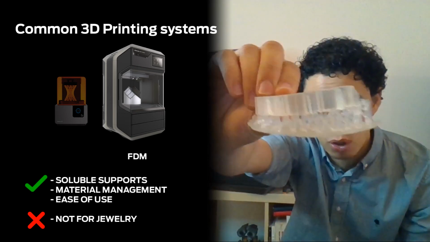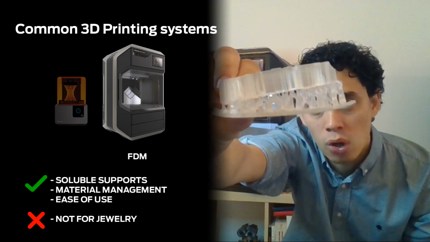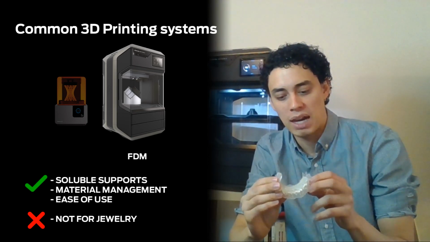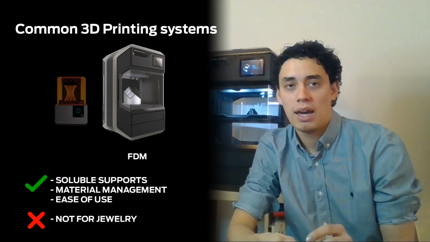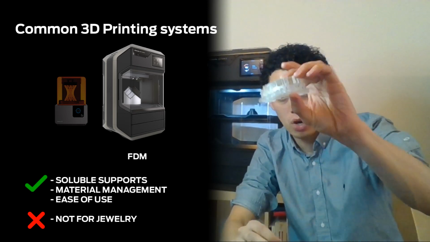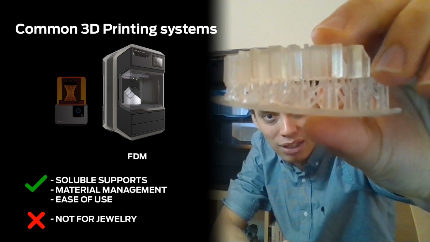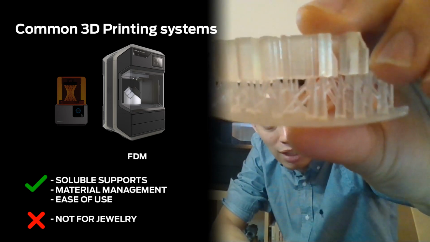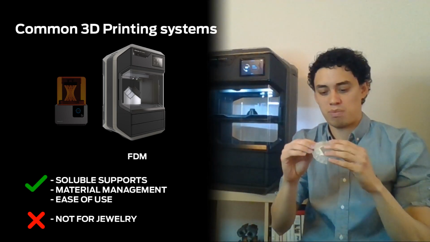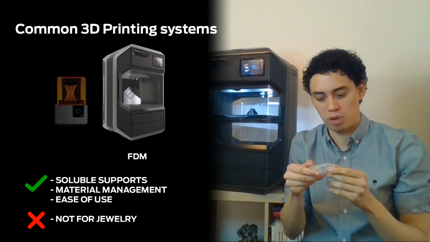Going back to that SLA part, these are what we call breakaway supports. I'm sure some of you have seen these supports being generated by programs like Meshmixer. Also, the Formlabs dedicated slicer will generate these tree-like structures that are basically trying to create supports, tapering them in to a thin little rod as close as possible, as small as possible, as you get closer and closer to the part.